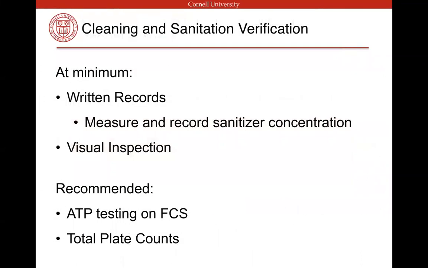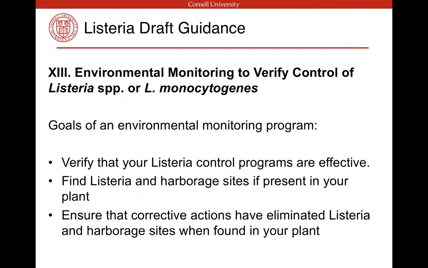At minimum, for verification, you need written records. For example, you need to measure and record sanitizer concentration, and you should be doing visual inspections as well after cleaning and sanitation. It's also recommended to do ATP testing on food contact surfaces and total plate counts as a verification for cleaning and sanitation.